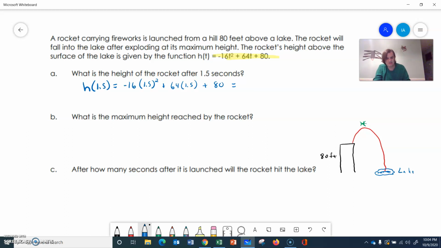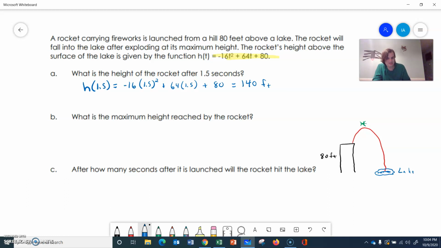And I get 140 feet. So after a second and a half, the rocket that we sent up is 140 feet in the air. Okay, so that's just a point on the parabola.